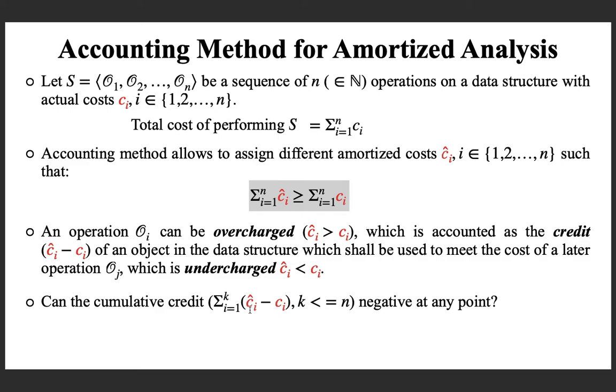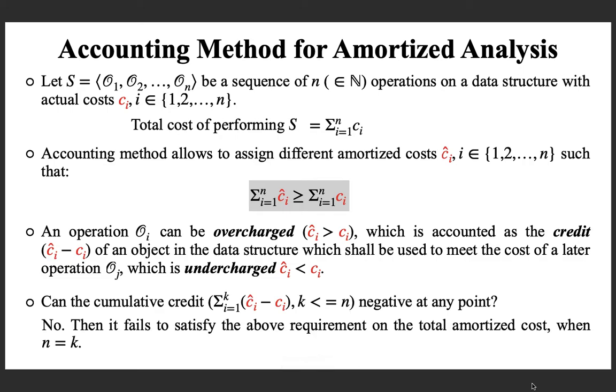And the sum of such credit, can it be negative at any point of time? So what is your answer? Individually maybe you can say that -1 is the cost, that is a different issue, but can the sum of credit be negative at any point of time in the sequence? The sequence is performing n operations, and the answer is no, because suppose it can be negative, then it fails to satisfy this condition.